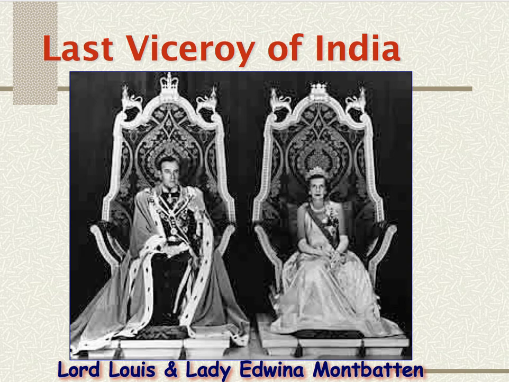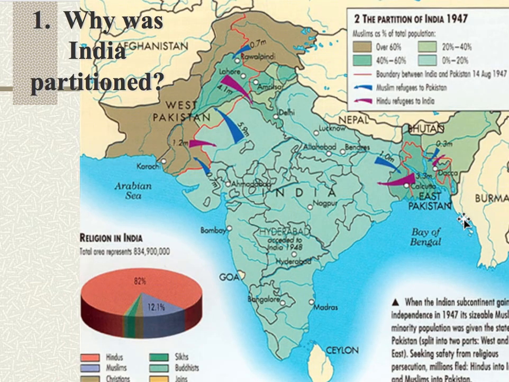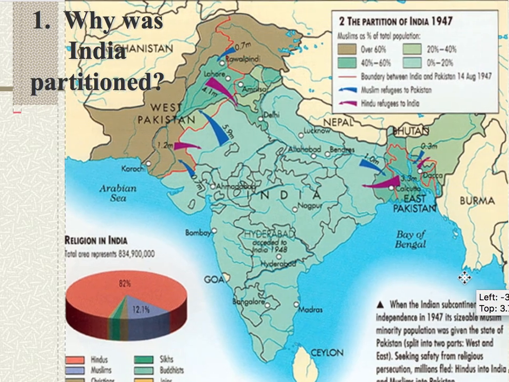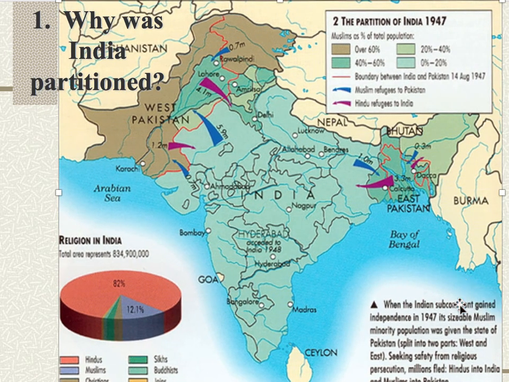Now, the region of Bengal, if we go back up to here, on the eastern side of the Indian subcontinent, that region there, which is labeled East Pakistan, was at one point the Kingdom of Bengal. So Bengal was partitioned. Parts of Bengal stayed within India, parts of Bengal went to Pakistan, which meant that West Pakistan here, which today is just the country of Pakistan, and East Pakistan, after the partition, are actually going to be one country, which really does not make much sense.